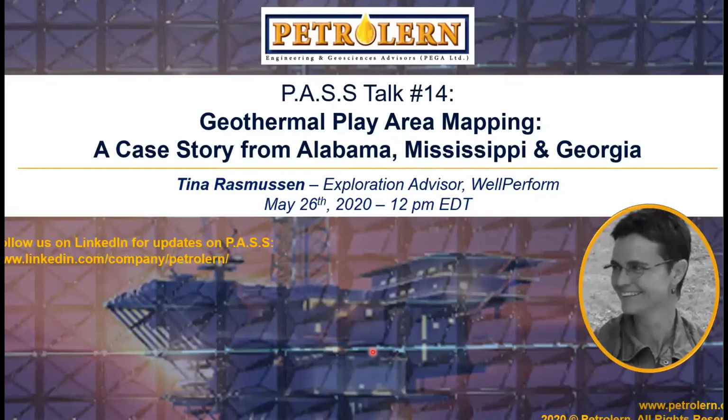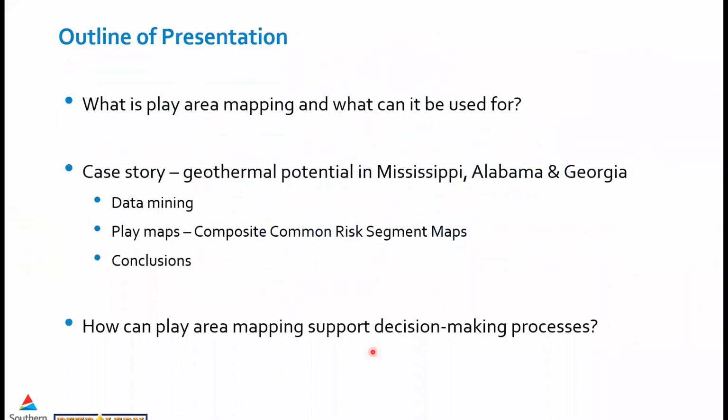So I'll go straight to the presentation, and the outline of the presentation is here. I will start out with what is play area mapping and what can it be used for. It's something that I've been working with quite a good amount of my time in my former career, and maybe not all of you know what it is and what it can be used for.